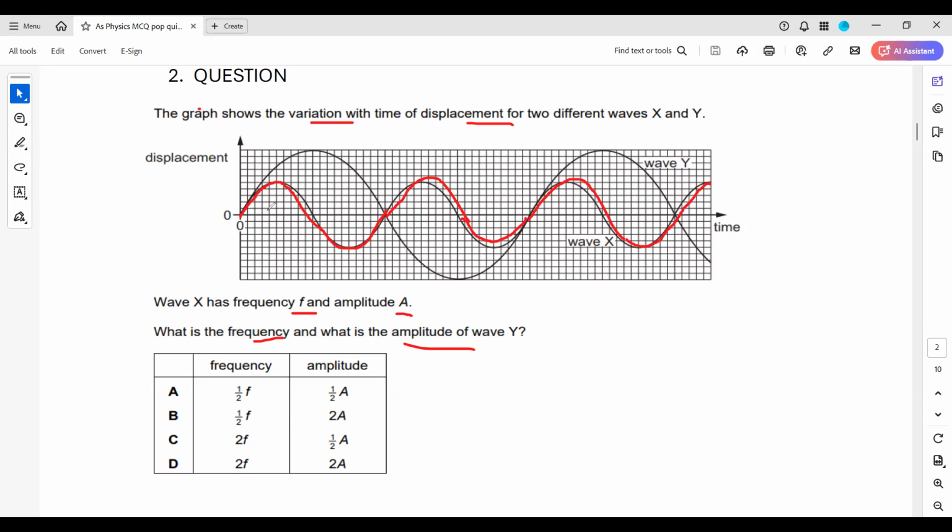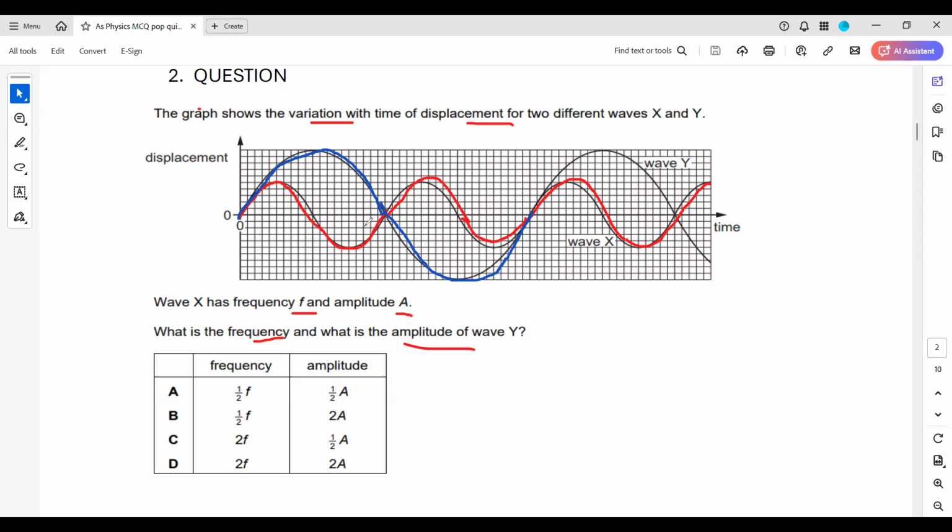So the time to complete one vibration, this is wave y. If I draw this wave y, and compare waves x and y, wave y has the longer time period, taking much longer to complete its oscillation as compared to wave x.